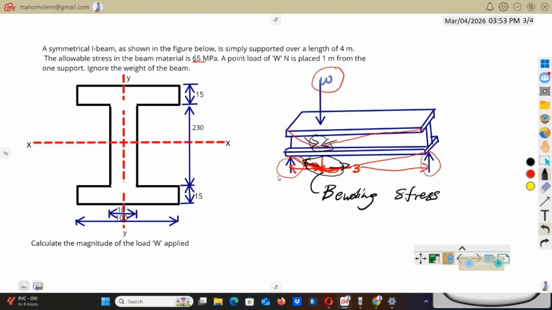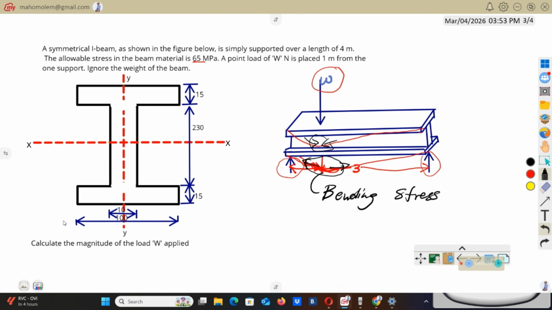Now, before we can calculate stress and other variables such as second moment of inertia, firstly we have to find the centroid of this beam. To find the centroid of this beam, we're going to use what we call the area moment formula.